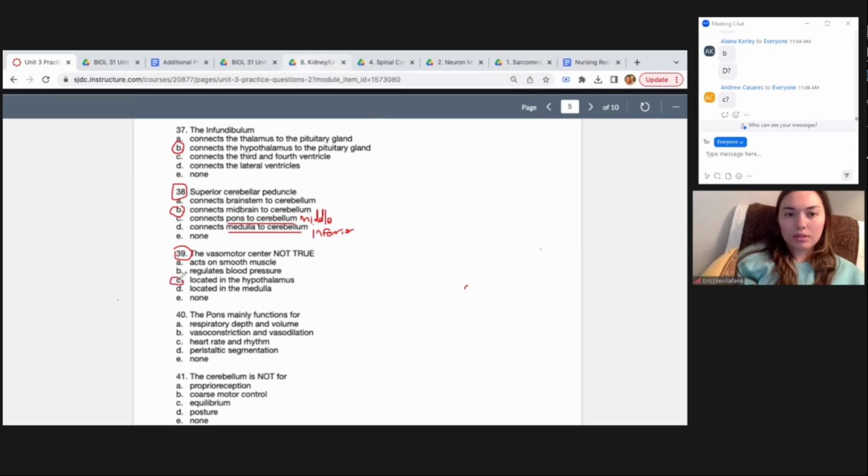Good. C, right? So we know the vasomotor center acts on smooth muscle. We know it regulates blood pressure, and we know it's located in the medulla oblongata, but it is not located in the hypothalamus because the hypothalamus is for producing hormones.